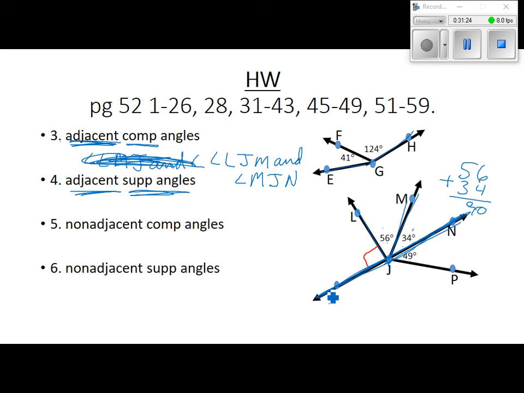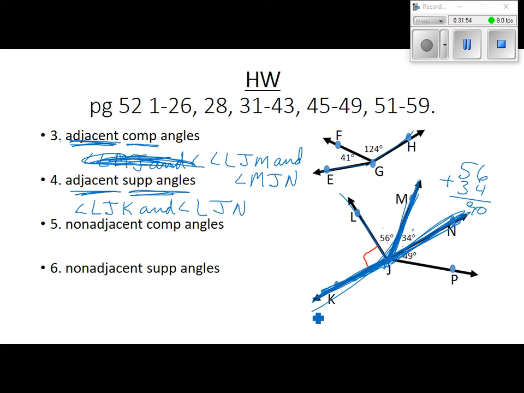Probably the easiest ones, angle LJK and angle LJN. Now you could have also named angle KJM and then angle MJN, because together they form a straight angle.